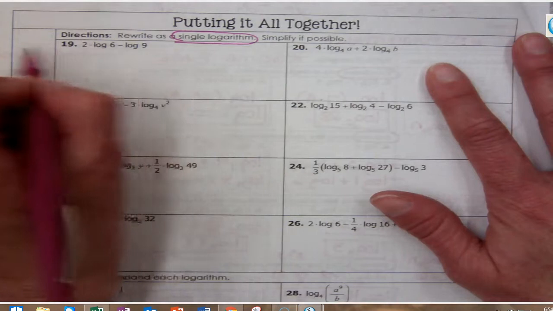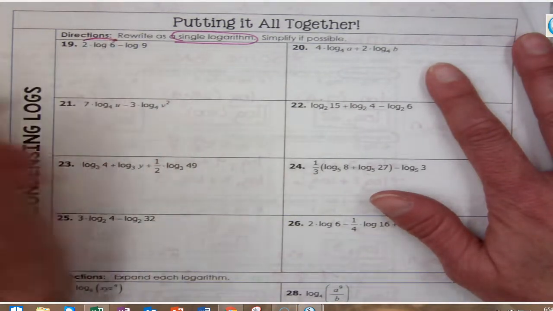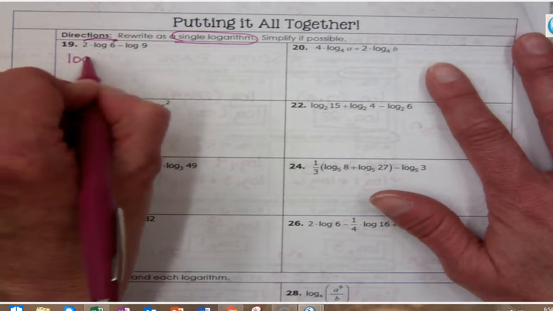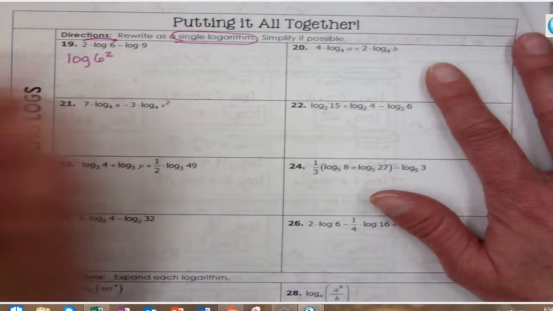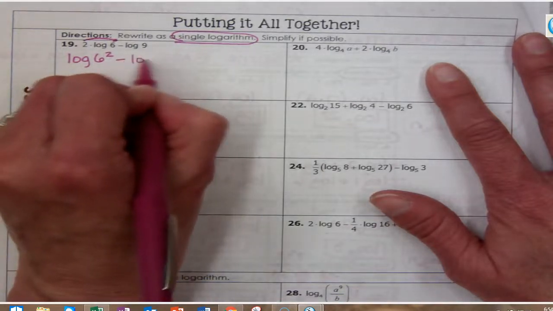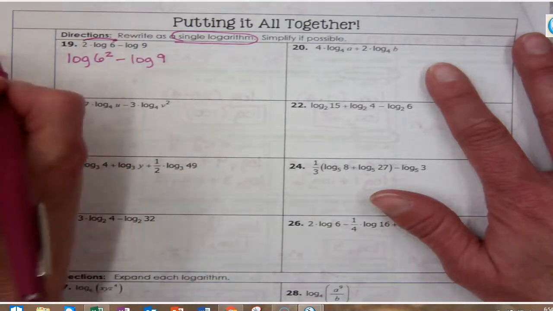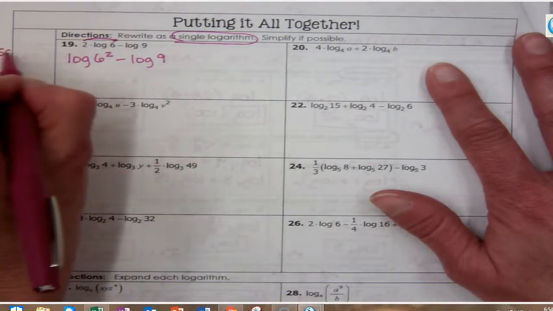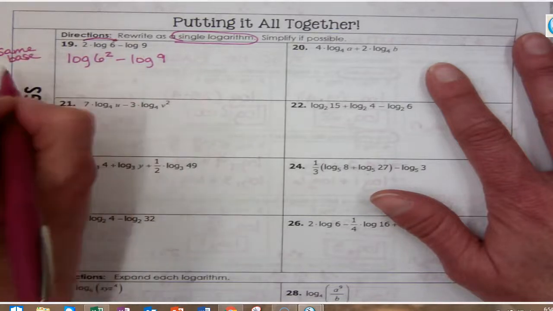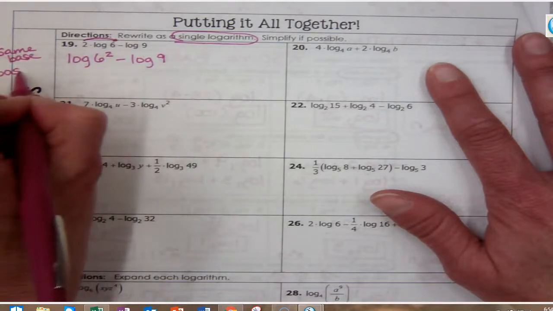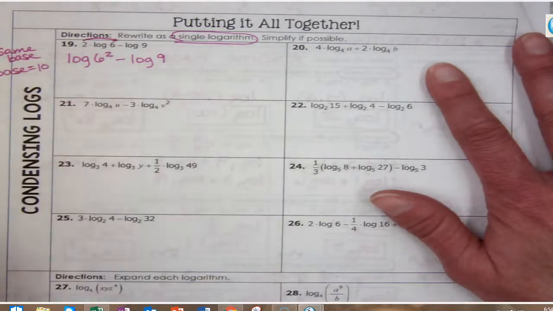Remember that we are going to raise this, take that as log 6 squared minus log 9. Right now I see the same base. They don't have a base, so I know that the base is going to be 10, because there is no base.